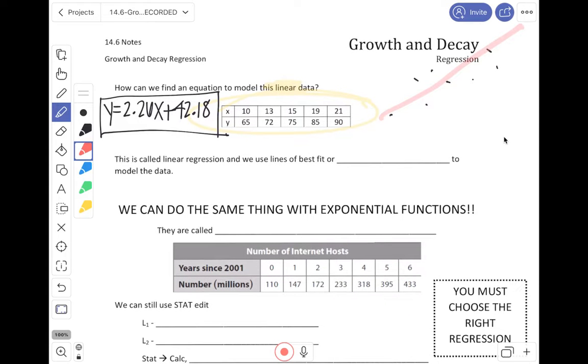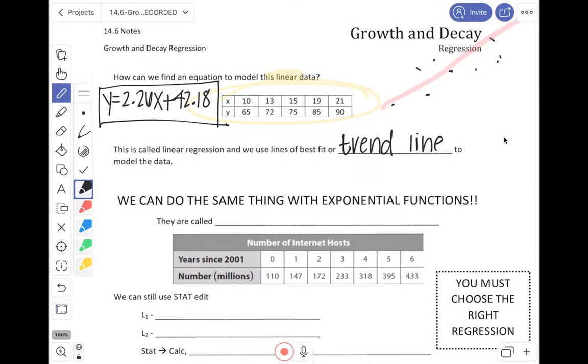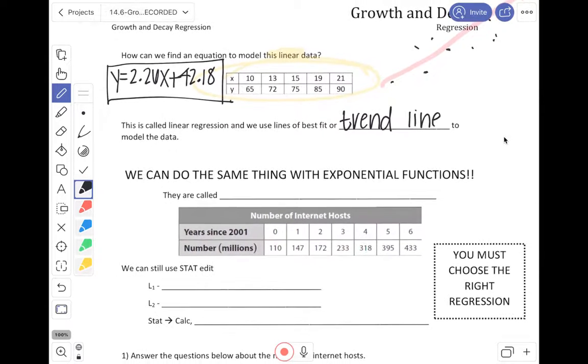So this is called linear regression, and we use it for lines of best fit, or again, trend lines. We're making a line that follows the trend of what seems to be happening. It seems to have a positive slope. As my x goes up, my y's are going up. Well, guess what? We could do the same exact thing with exponential functions. No way.